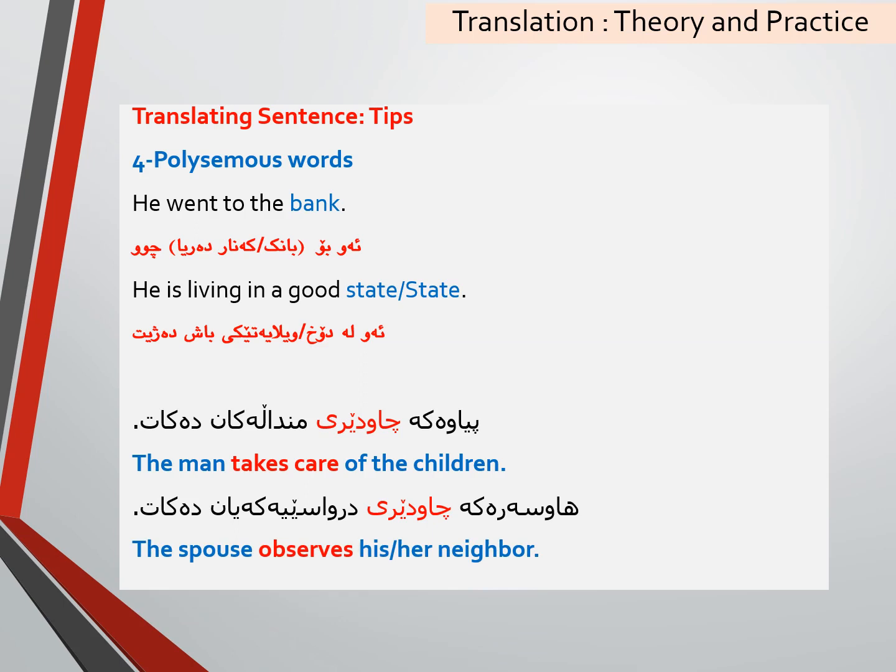But in another sentence, the same word. Chowdhury here has a different meaning, even though it is the same word. But because the context is different and the surrounding words are different, then the meaning is different also. Here, chowdhury means to observe or to monitor.